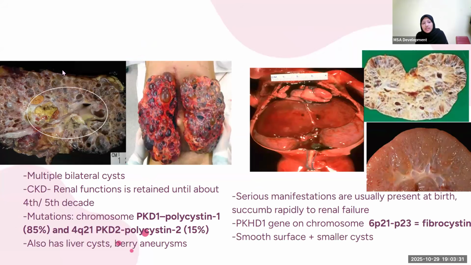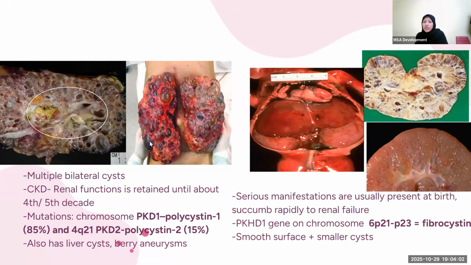This is the two kidneys side by side, you would see cysts all over the cortex, very big cysts, and the cortex is not smooth at all, and it's bilateral. When you cut it, there will be stones, calcifications, and cysts all over again. We call it polycystic kidney disease.